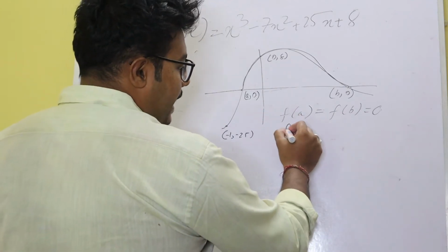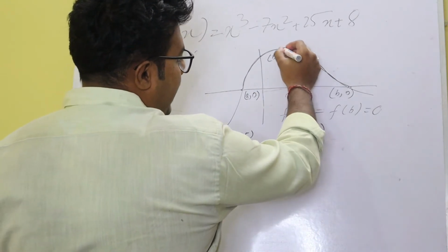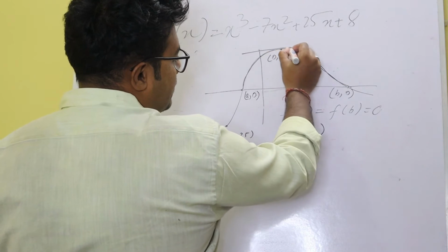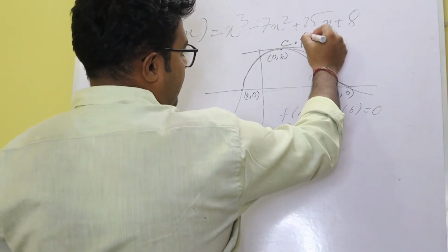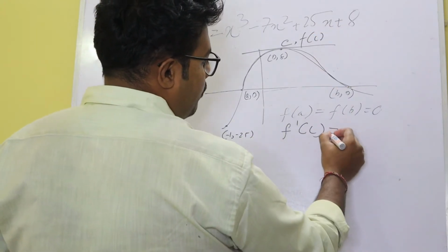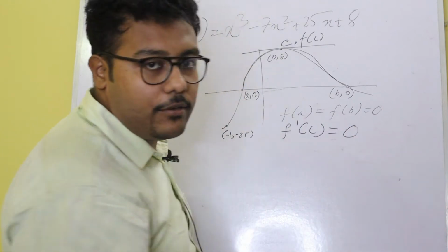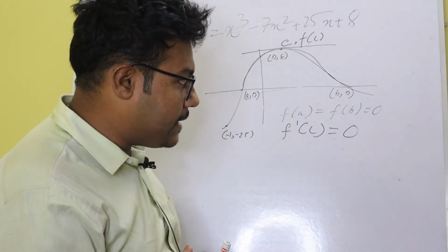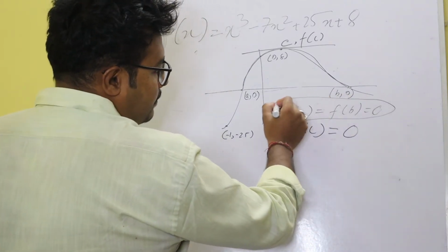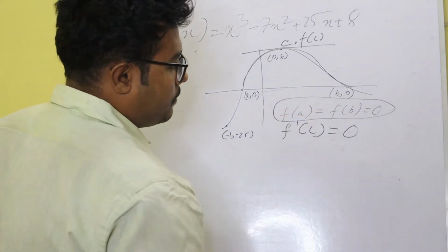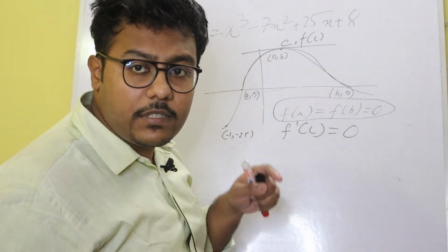Which means that there will be a point c within this (a, b), suppose this is the point c, at which f dash of c is equal to 0, right? We are saying that this part can be used to verify Rolle's theorem.